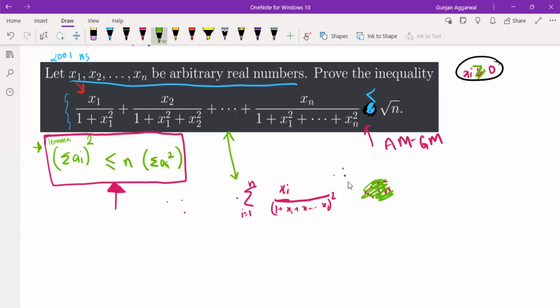No, I don't see how you got it. The LHS here is bigger than this. Oh, it's better, because each of the denominators is bigger. Okay.